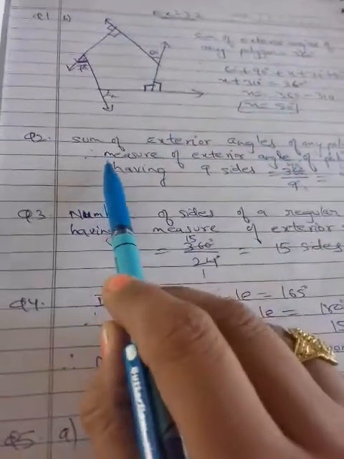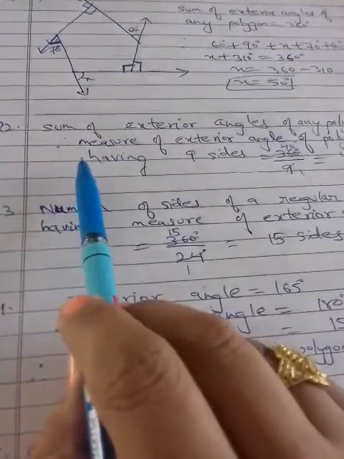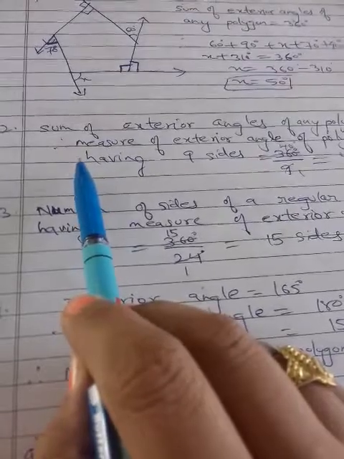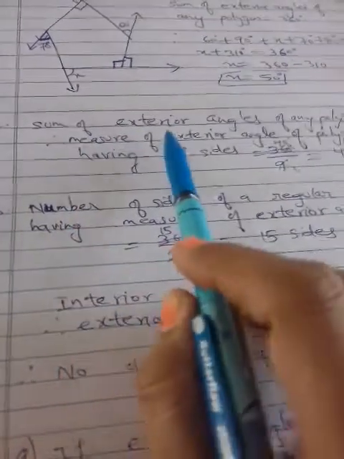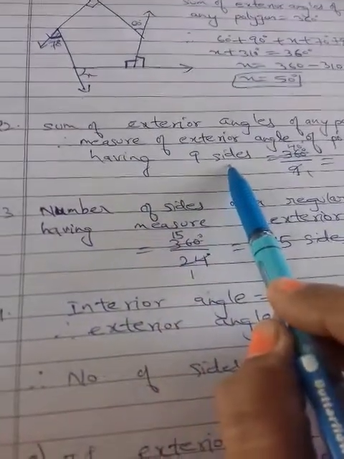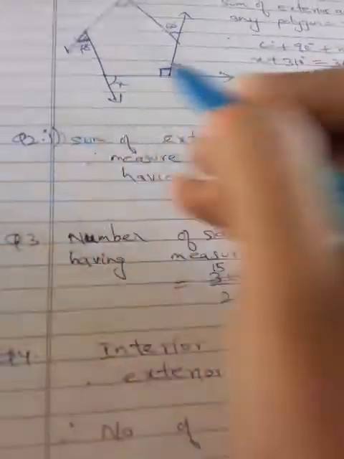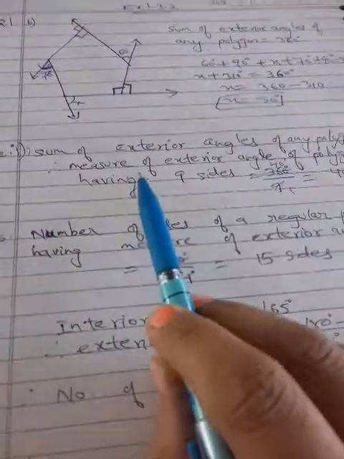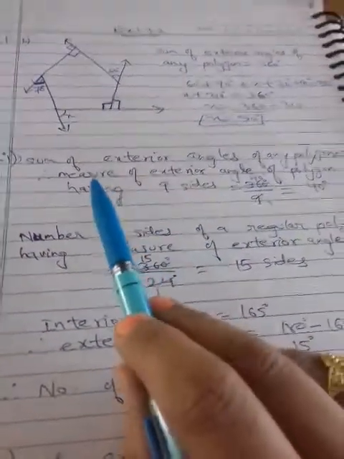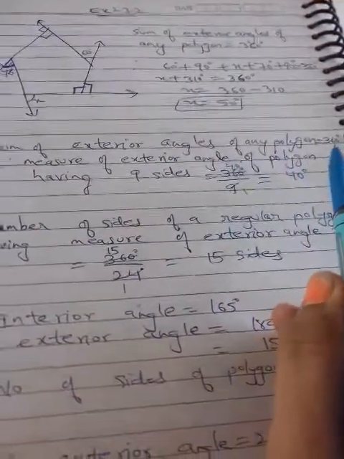Next, second question is, find the measure of each exterior angle of a regular polygon of 9 sides. I am doing the first part for you. 9 sides. We know the sum of exterior angles of any polygon is 360 degrees.